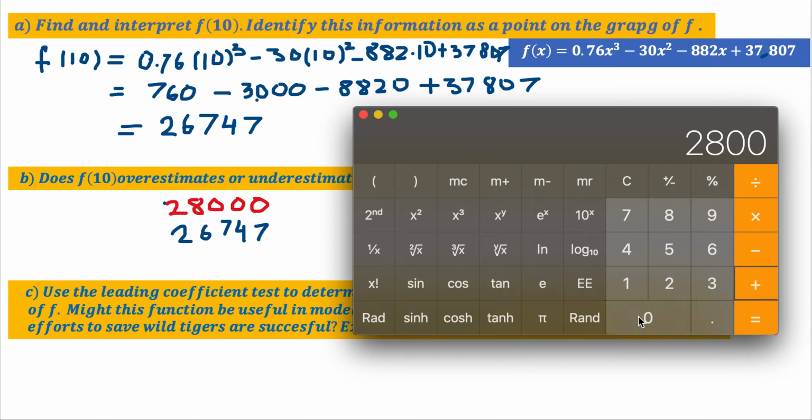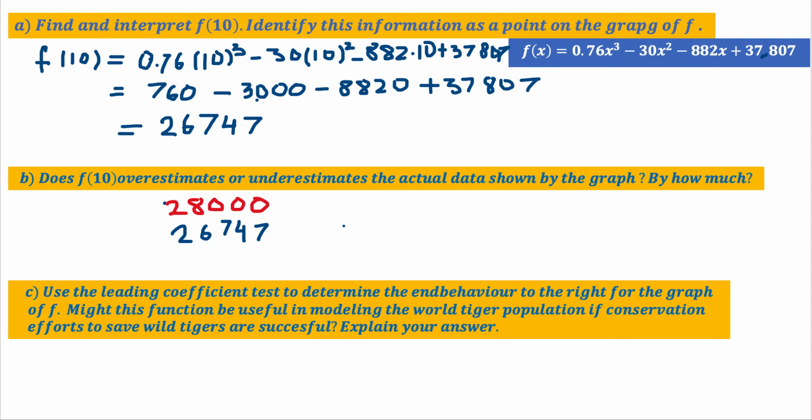And we get 1,253. So it underestimates by 1,253. So this number is less than the actual data, by 1,253 tigers less.